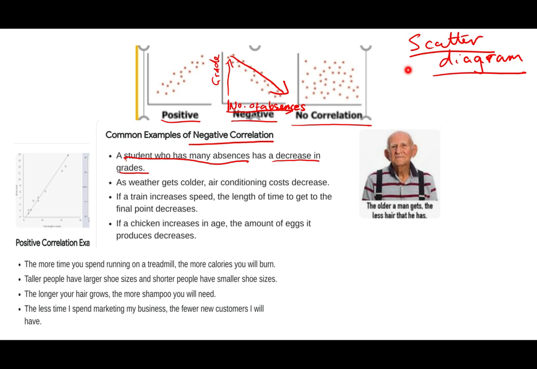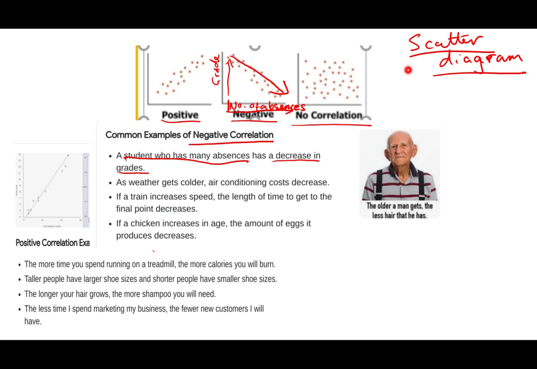So, the faster the train goes, the length of time will decrease at the same rate. The last one, if a chicken increases in age, the amount of eggs it produces decreases. So, as the chicken gets older, it will produce less and less eggs. So these two variables have a negative correlation.